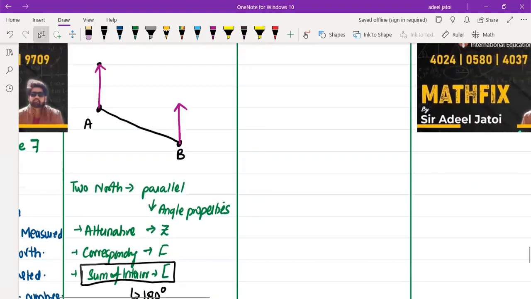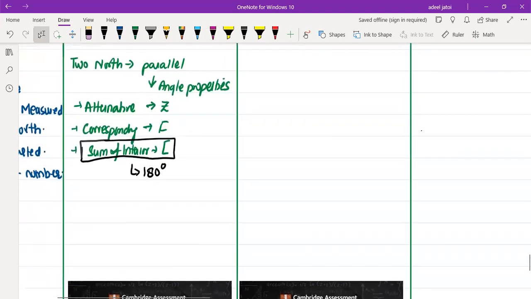So that means your two norths are equal to two parallel lines. From two parallel lines, we need to understand that alternate, corresponding, and sum of interior angle will be used.